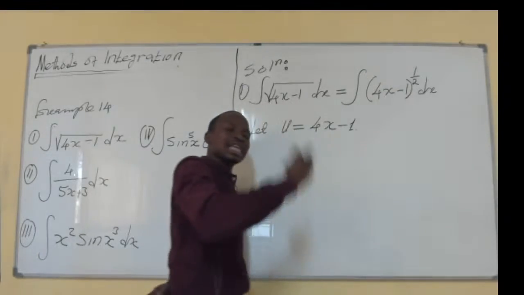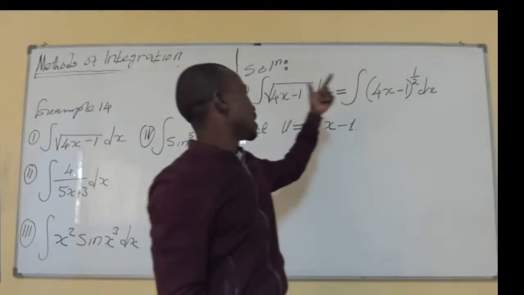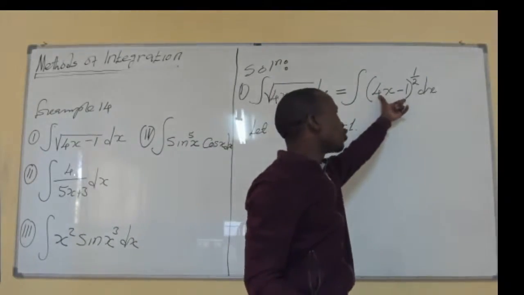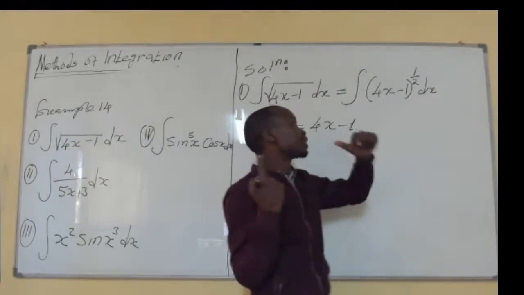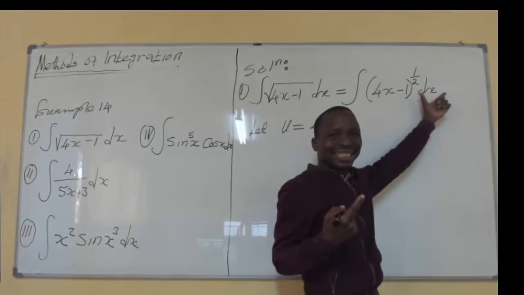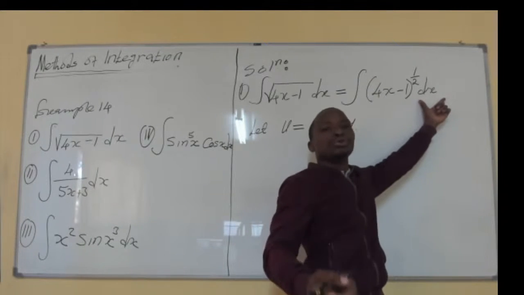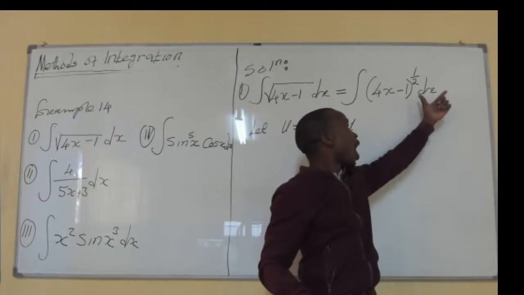Once you substitute u for this function of x, you are also supposed to replace dx with du. How can we do that?